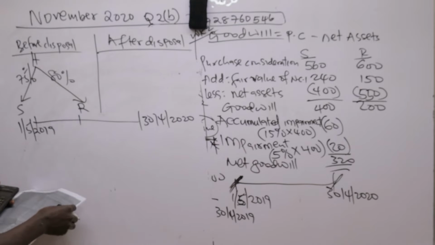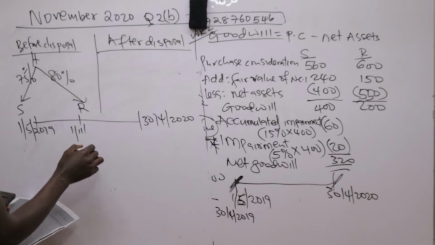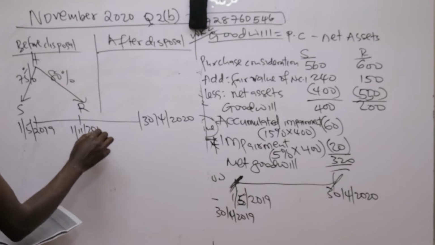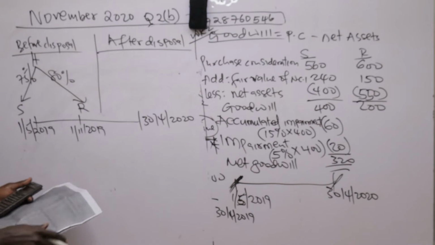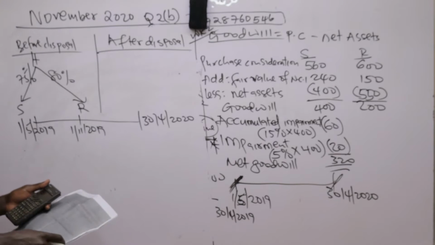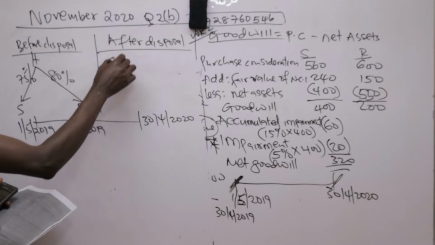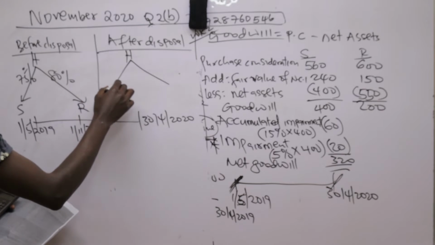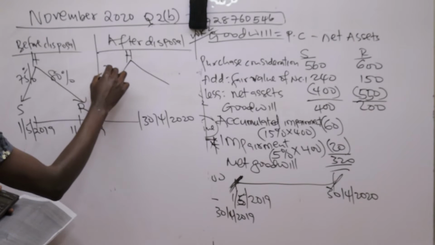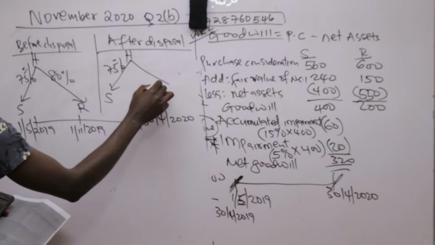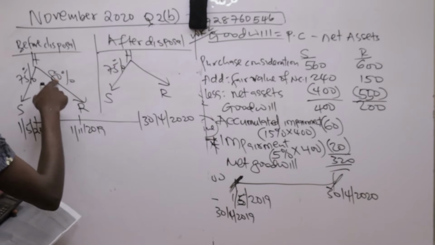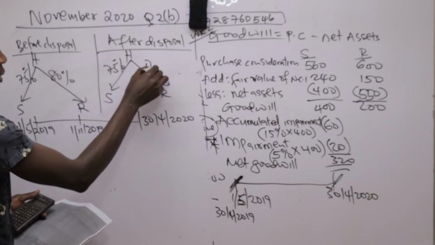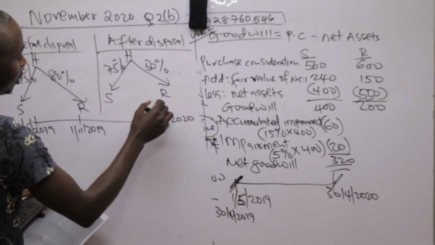So they are saying that on 1st November 2019, H Limited did what? Disposed 30% of R. So meaning that after disposal, we have S, which is at 75%, but now R is being disposed at 30. So if we deduct 30 from 80%, we remain with that 50%.